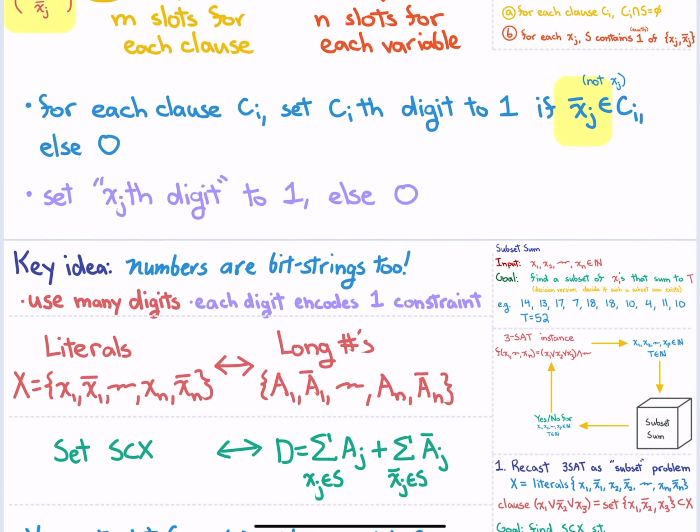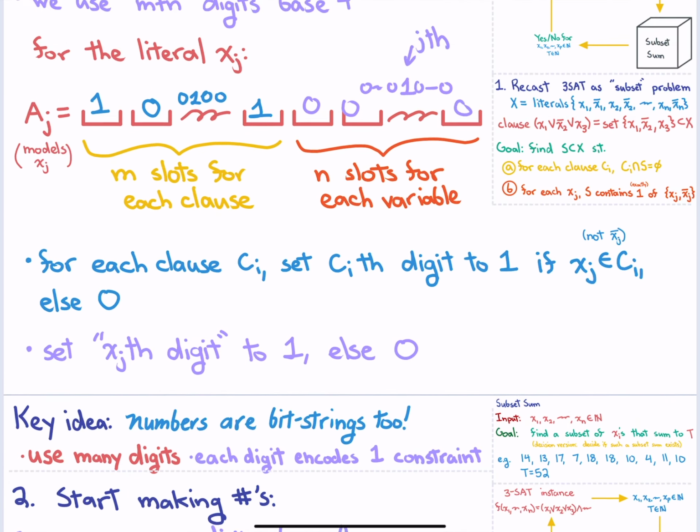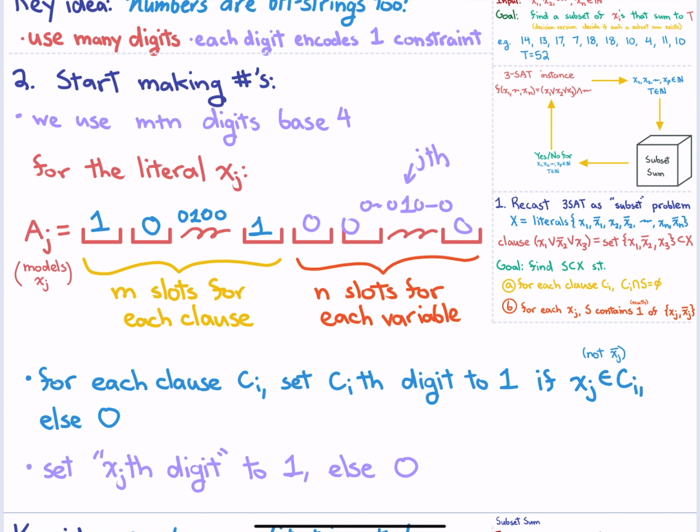Okay, so just to maybe backtrack then, if I'm looking at, maybe this is the slot corresponding to the first constraint C1, right? So it's going to be 1 if the literal is in it and 0 if not. So in order to get this digit to be at least 1, I have to take at least one of the 3 literals that are in C1. So it's 3SAT, right? Whatever clause C1 is has 3 literals in it.